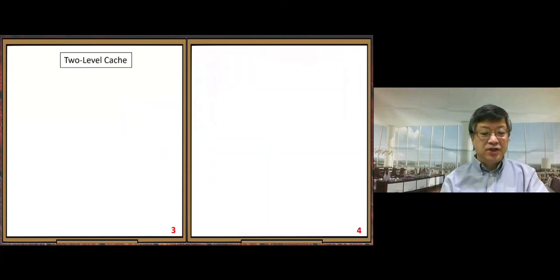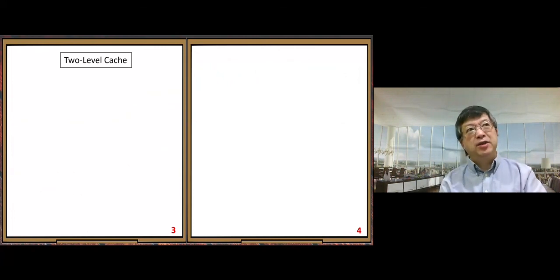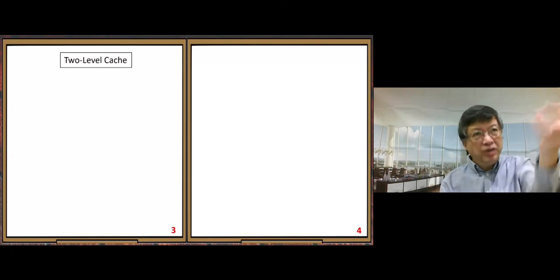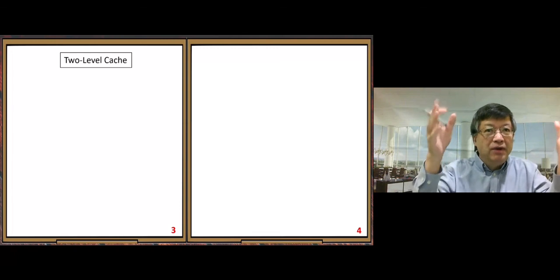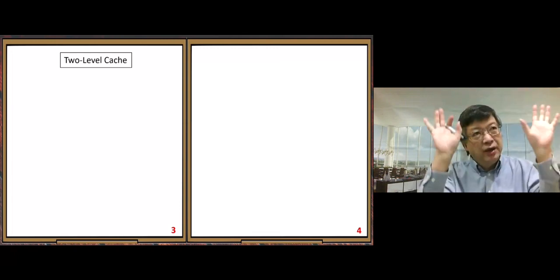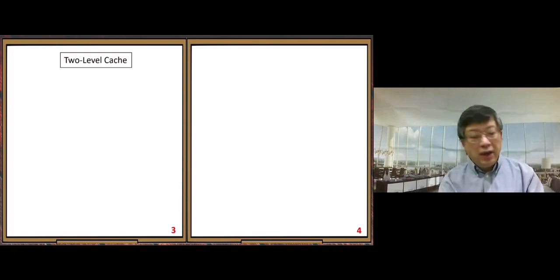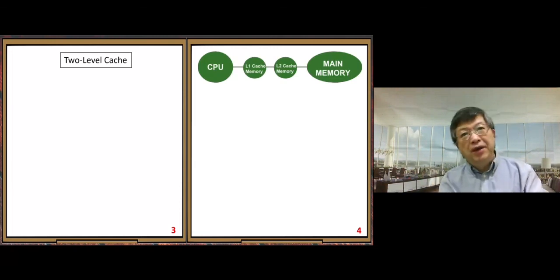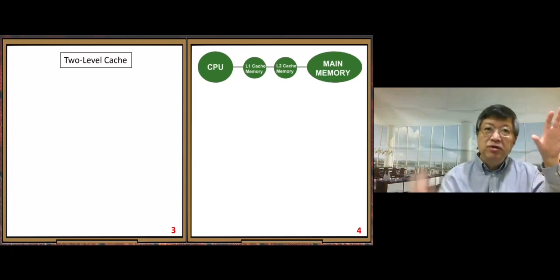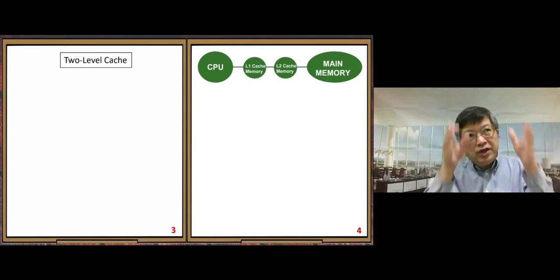All right, so next, let us just look at a 2-level cache, because the idea, the principle, the method is the same. So we only need to look at a 2-level cache to understand the whole idea. The diagram is like this. Between the CPU and main memory, we insert 2 cache levels.